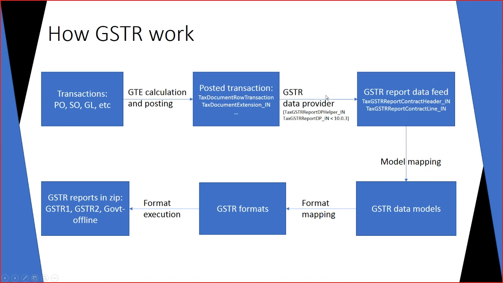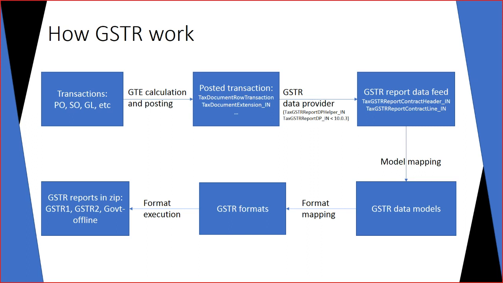So let me explain a little bit more about this GSTR report data provider. We currently have two main GSTR report providers. One is the tax GSTR report DP helper. For this class, we have a bunch of performance improvements, and it is open to use from 10.0.3.